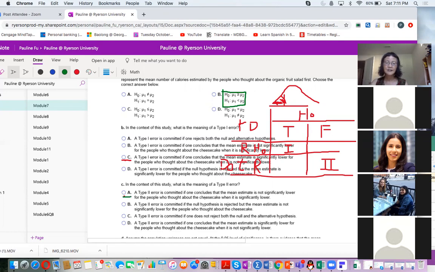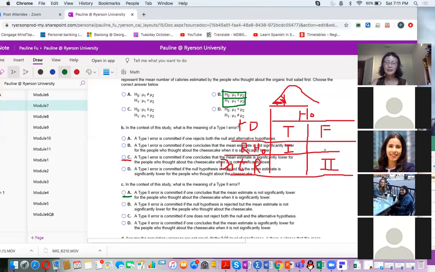So you conclude it is not significantly lower. You are saying H0 is correct, which means not significantly lower. But in fact, it is significantly lower. So type 2 error.